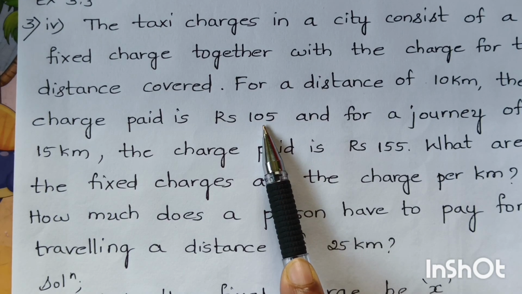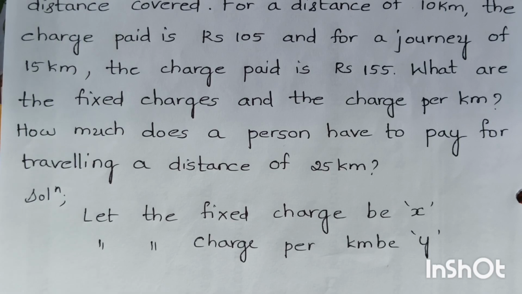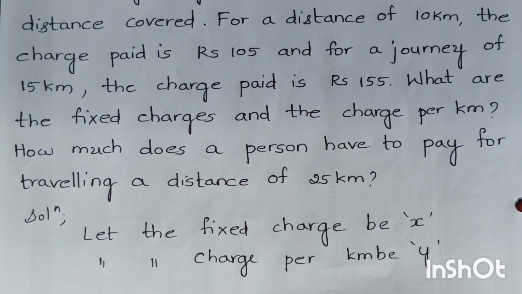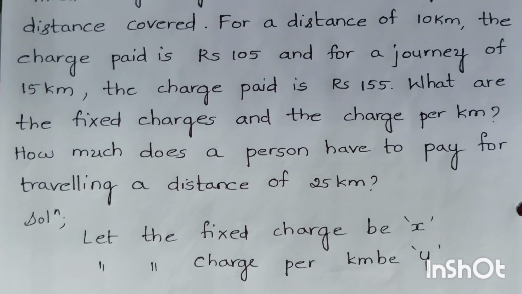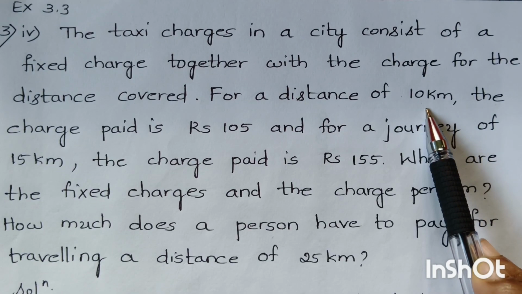Here, the customer has to pay a fixed charge, that is X. Then for how many kilometers he travels, for that he has to pay the amount. The customer travels 10 km.